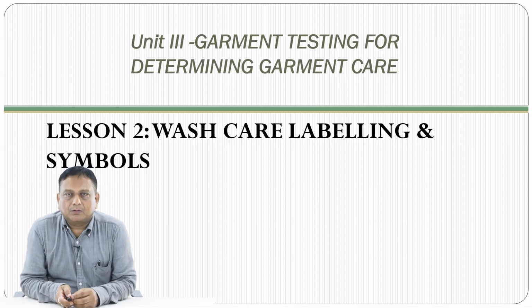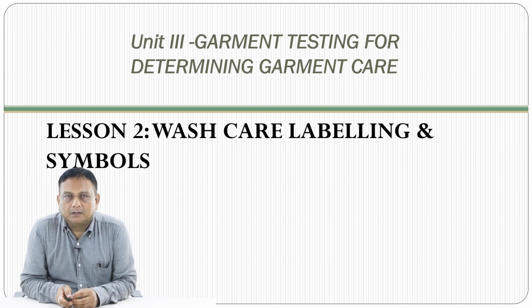Now when you are talking about the wash care labeling, as we have already seen in lesson 1, different steps are there in the determination of the wash care. Washing is one of them, then bleaching, drying, ironing and dry cleaning. Those are the different steps involved by which the care labeling is determined.